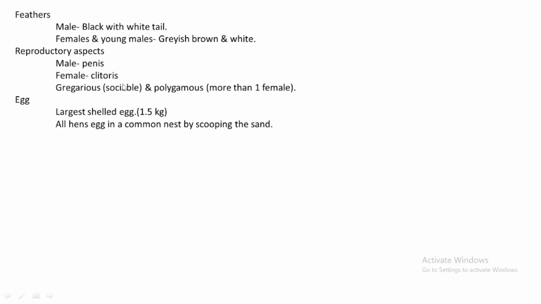It doesn't like to live alone. That's why sociable. And polygamous. Polygamous means more than one female can always be found along with one male. Then egg, its egg is the largest shelled egg, and its weight is about 1.5 kilograms.